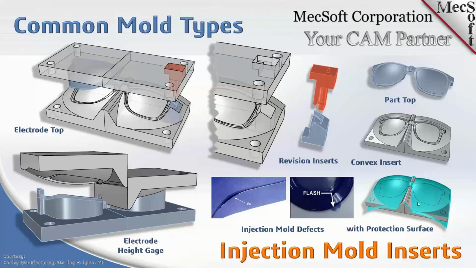And if you move over from there in the middle, you see two examples of injection molding defects. On the right, you see flash, which can occur if your parting line has been sufficiently degraded. So you need to take care of that parting line, and we're going to show you how to do that.